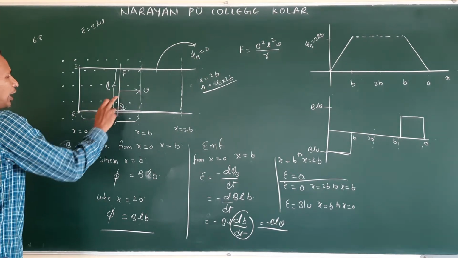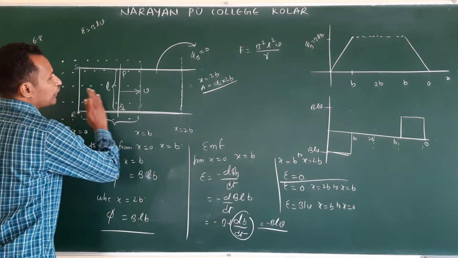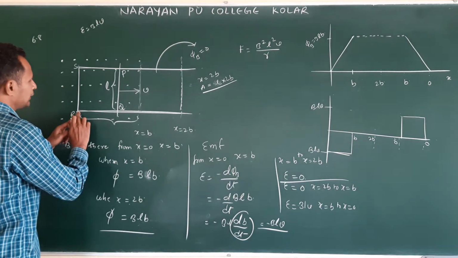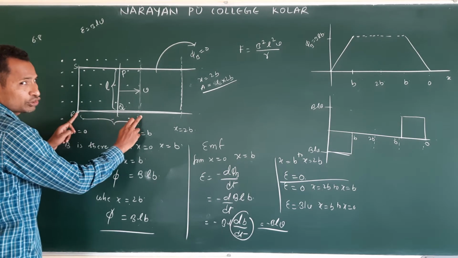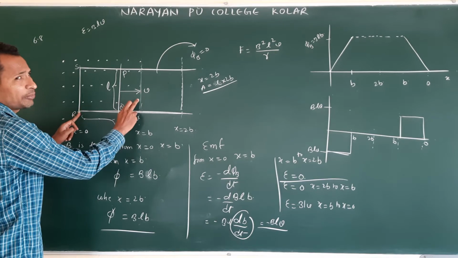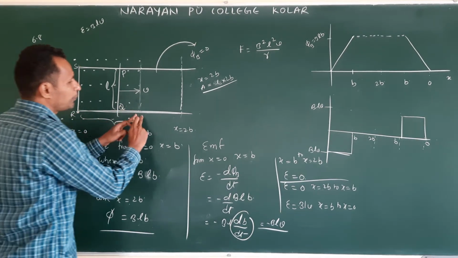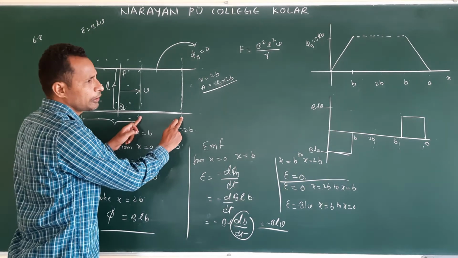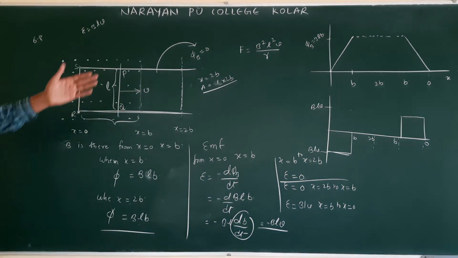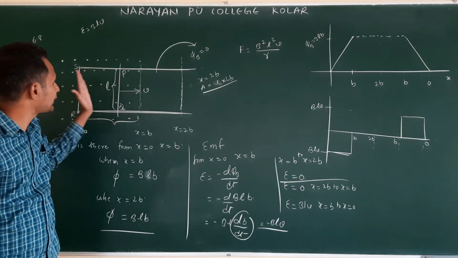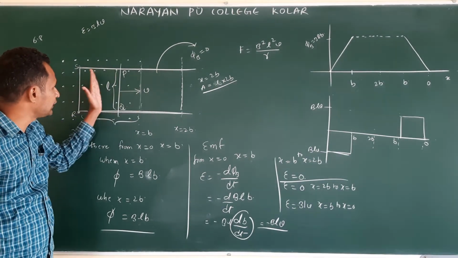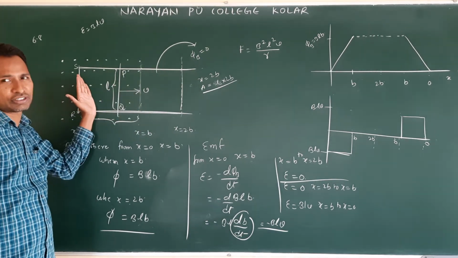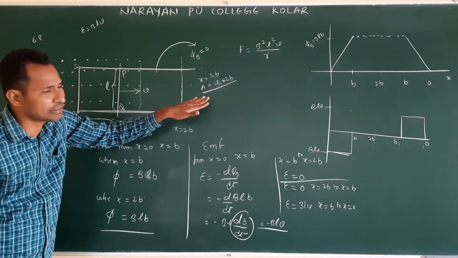So in the forward direction, from x equal to 0 to x equal to b, force will act. The reason is that induced EMF is produced and current flows. From b to 2b, there is no induced EMF, so there is no force. Clear? When the rod moves outwards, force acts inwards. When the rod moves inwards, force acts outwards.